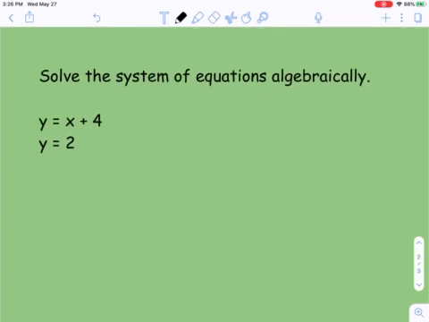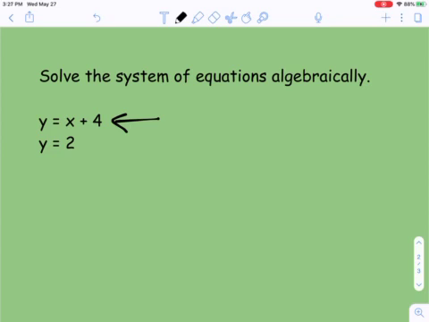So let's take a look at this first problem here. It says solve the system of equations algebraically. What you have to recognize when you're doing something like this is we need to have a variable by itself with a coefficient of 1 and then everything else on the other side. If you look at these two equations, I've got one equation that says the variable y is equal to x plus 4.